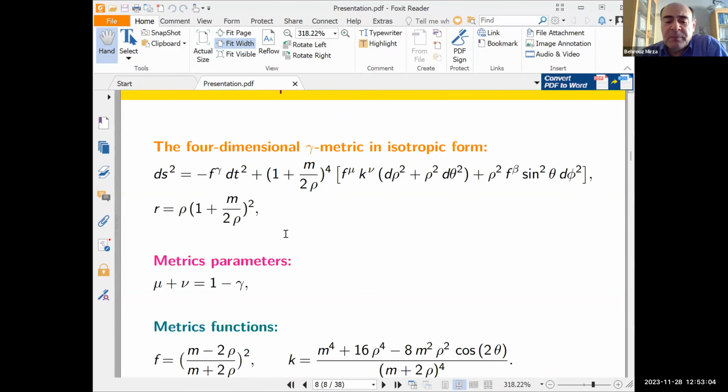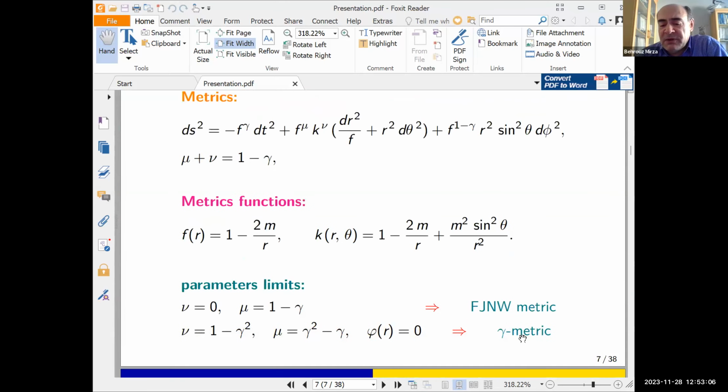Gamma metric is a metric with a quadrupole moment, a mass distribution with quadrupole moment, and it could be a candidate for the center of the Milky Way.